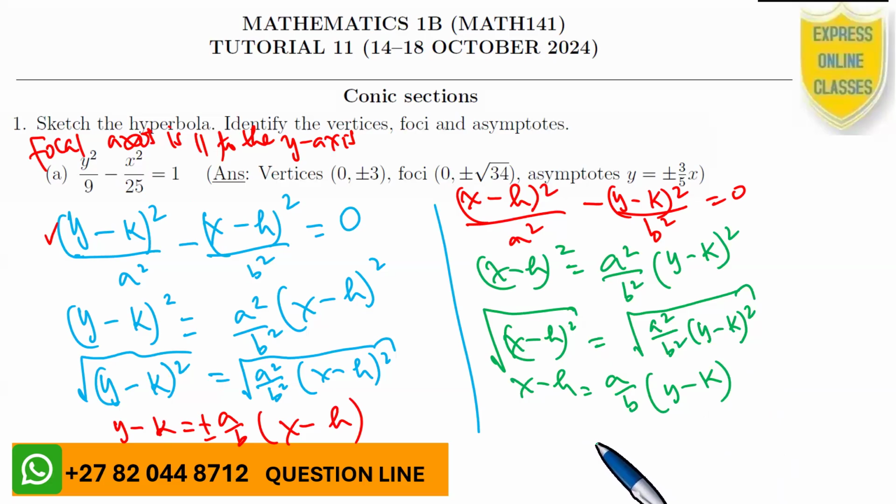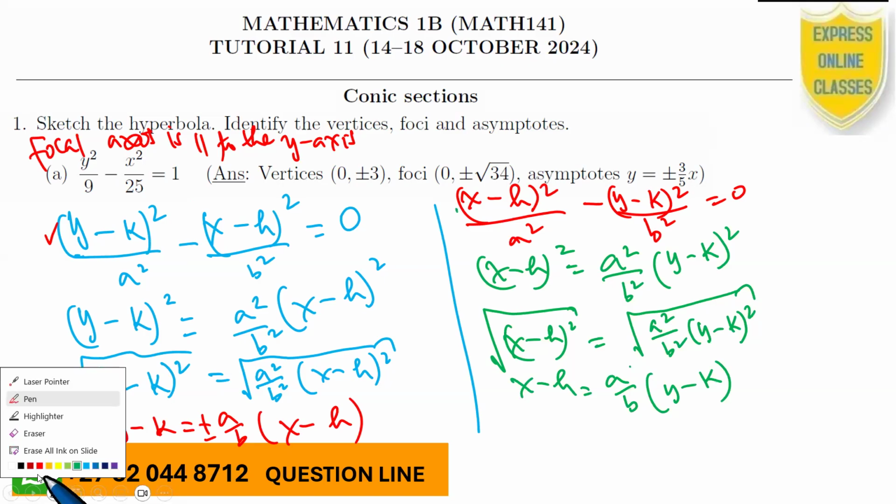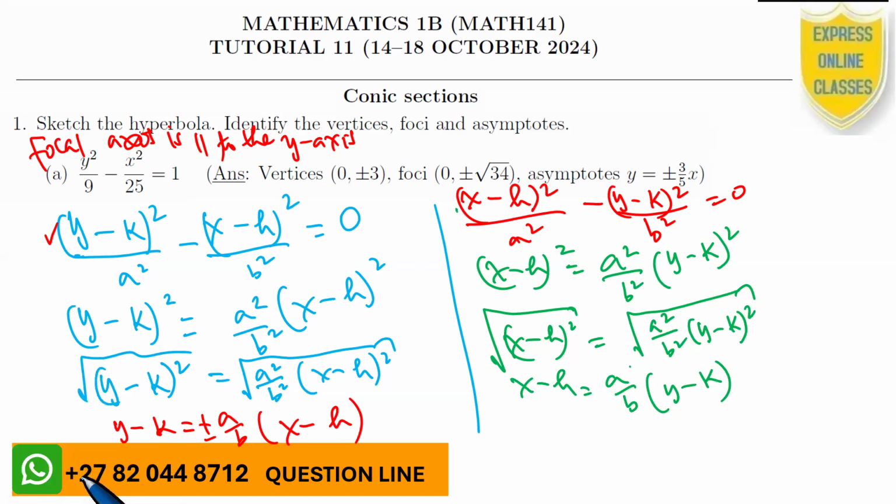If x is positive, it will be a over b. But as you can see, it is very important to note that it really depends, therefore, on what the subject of the equation is going to be.